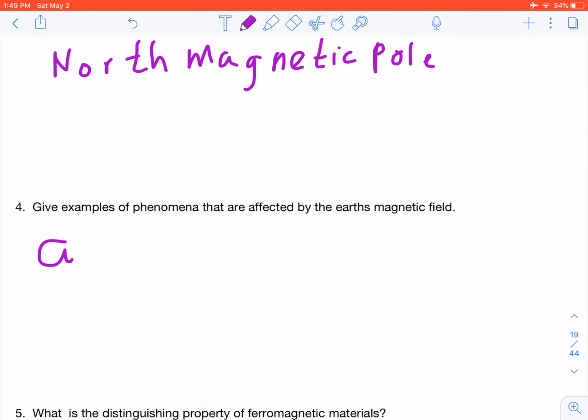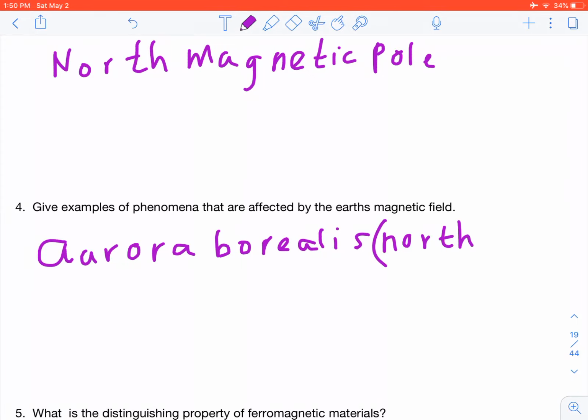We know we've got the Aurora Borealis, and that's like the northern lights. That also happens in the southern hemisphere, and there we call it Aurora Australis.